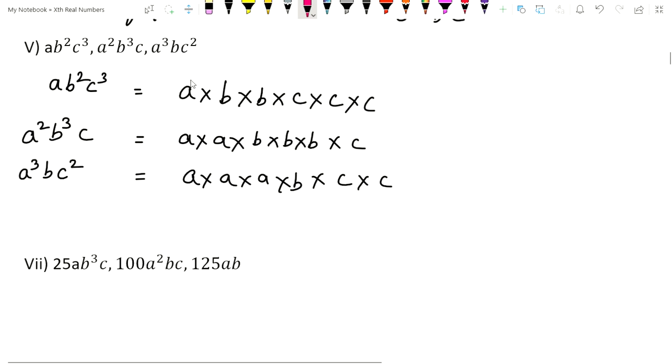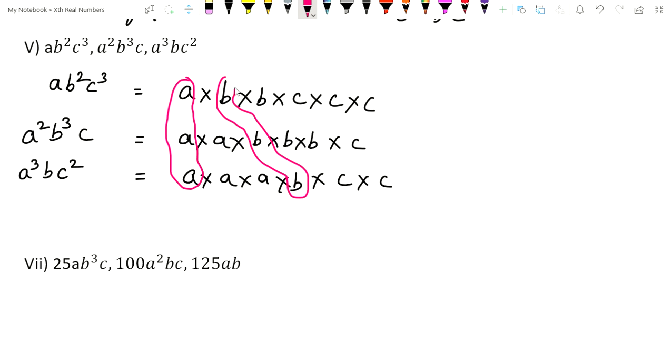Now find out the common factor here. A is there. Then next b. Okay, this is one part. And here b is not there, so leave it. Then look at the c.